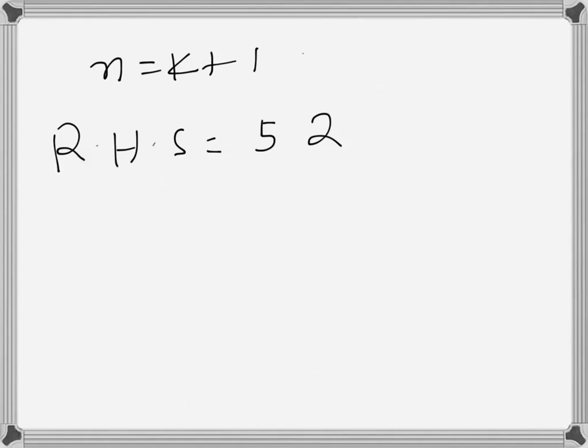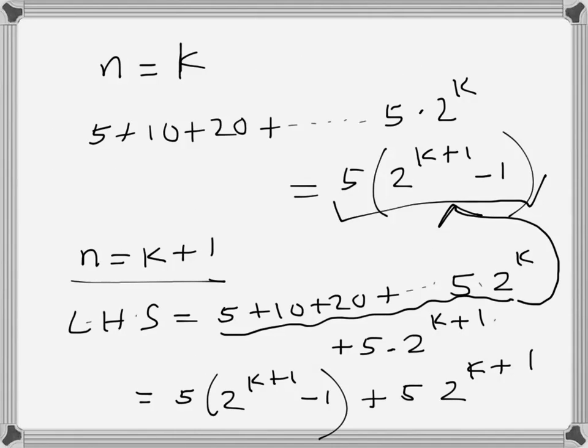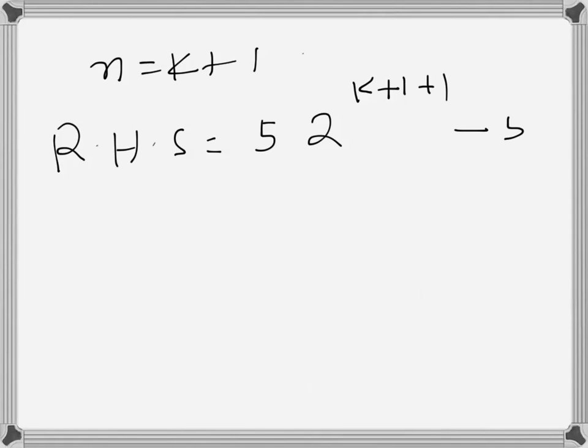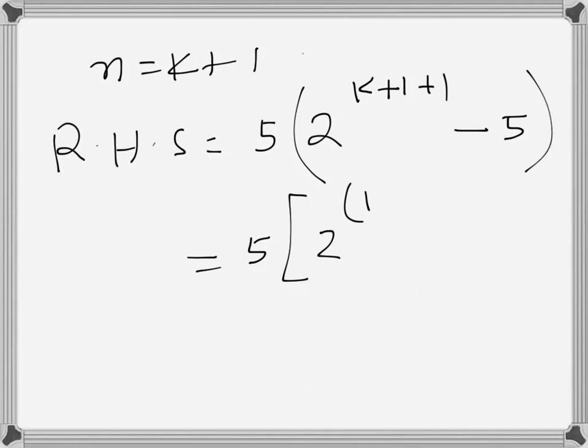Now when n is equal to k plus 1, what does the right hand side become? The right hand side will be 5 times (2 to the power of n plus 1, where n is k plus 1, minus 1), so it's like that, minus 1 inside the bracket. So basically this is what I could have written as k plus 1 plus 1 minus 5.